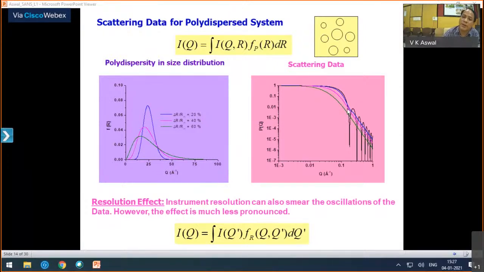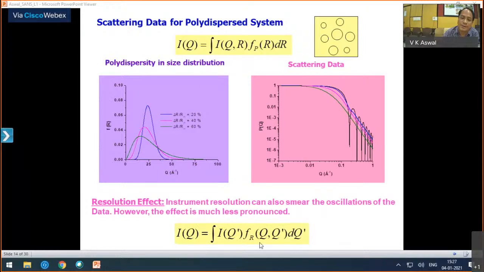If you have very highly monodispersed systems, then you may see them, but not so many, maybe 2 or 3 maximum. And even with a monodispersed system, these oscillations also get smeared by the resolution function.